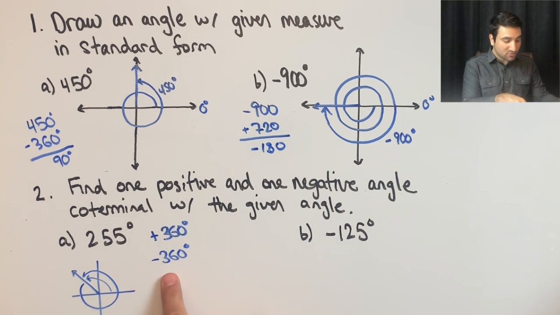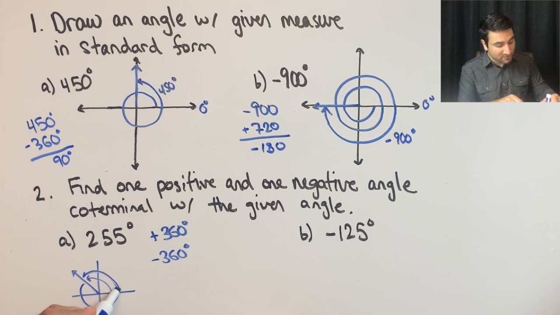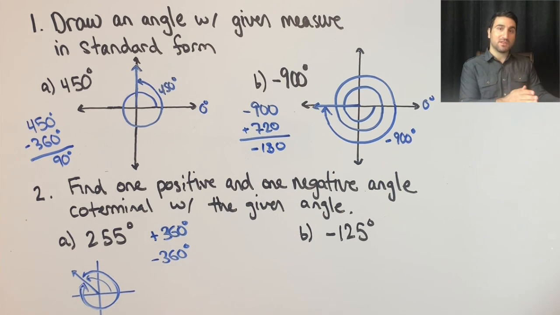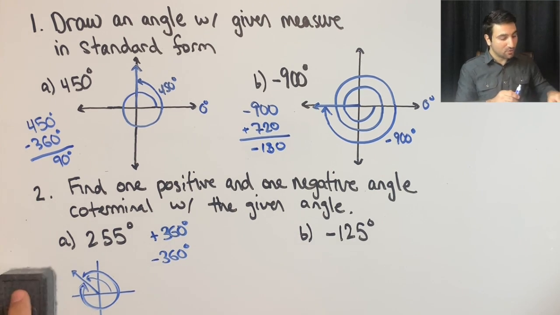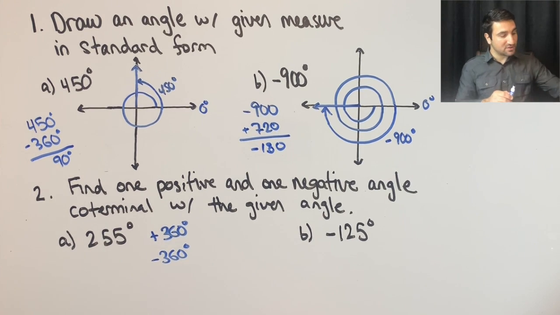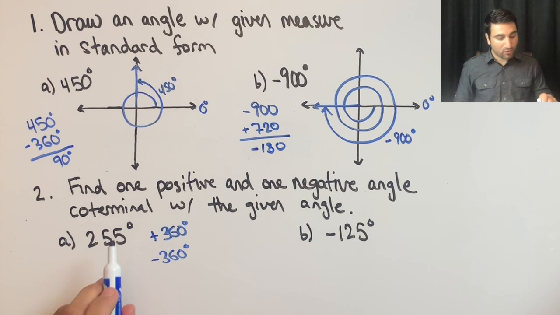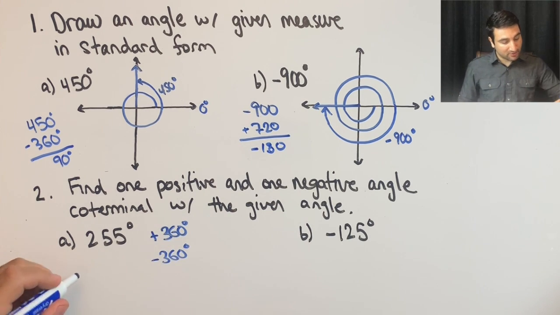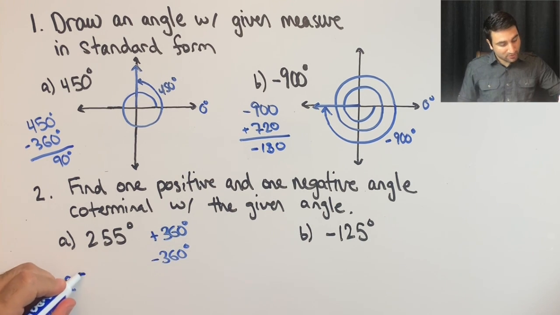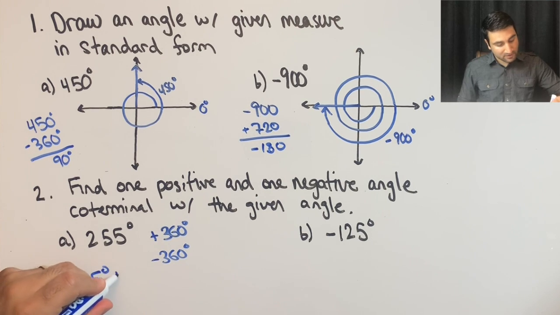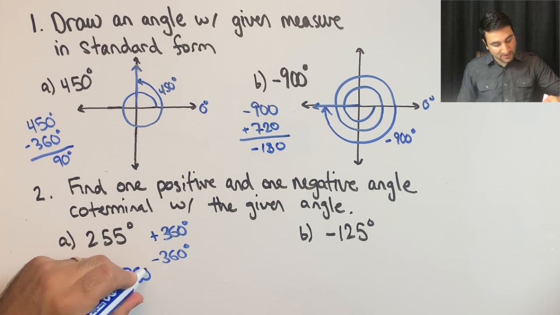Or if you subtract 360 and go this way, you end up in the same place. This is not asking us to graph, but just to get the numbers. So if we want one positive coterminal angle, we're going to do 255 plus 360 degrees.